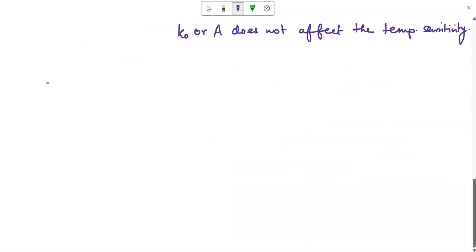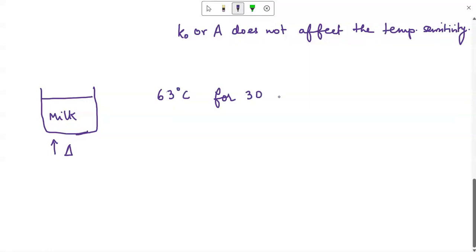So same milk we have in a vessel, and we have some heat source over here. Okay, so first it is heated to 63 degrees Celsius for 30 minutes.